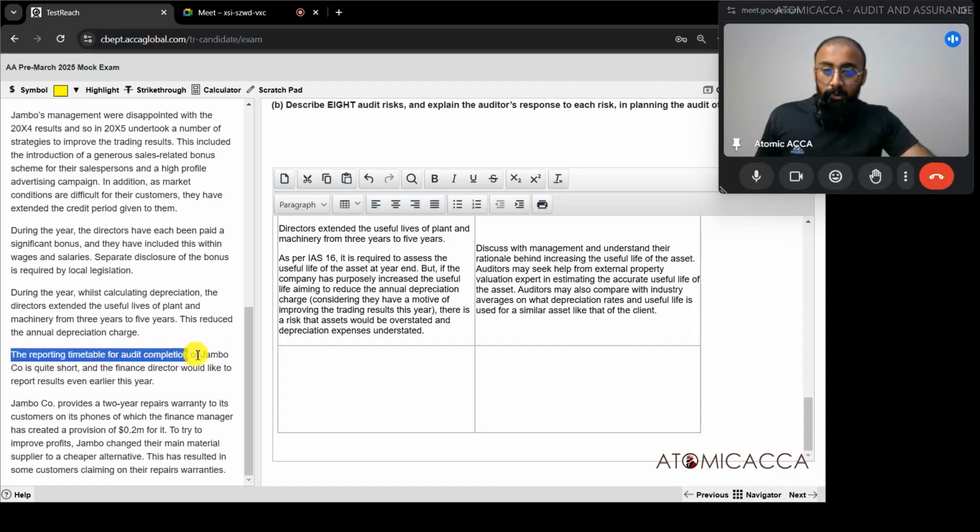Reporting timetable for audit completion of Jambo company is quite short.